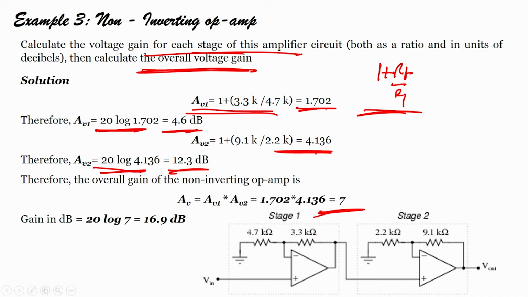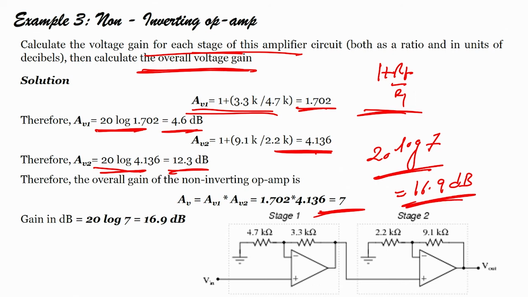Now, again I want to convert my gain into decibels, so I use 20 log 7, which will give me a value of 16.9 decibels. This is how we can find the solution for the non inverting amplifier given a problem to you.